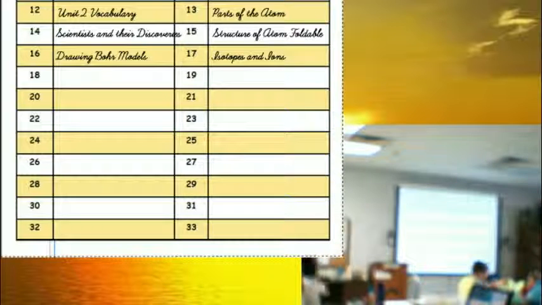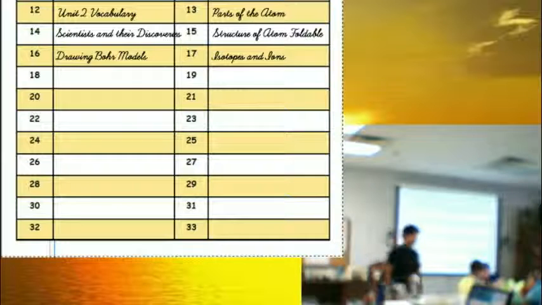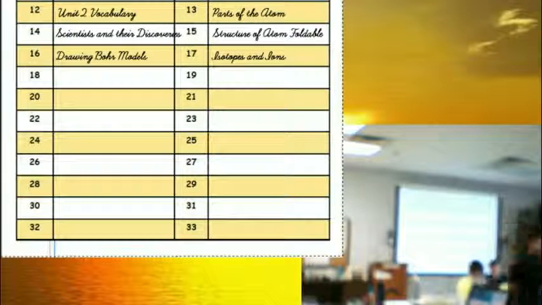Look at the isotopes on your foldable. It says hydrogen, deuterium, and tritium. How many protons do those three have? One. They have one each.